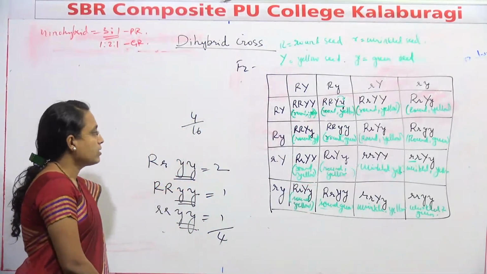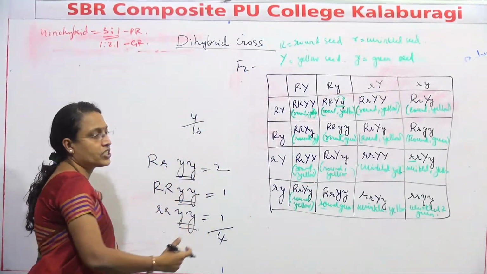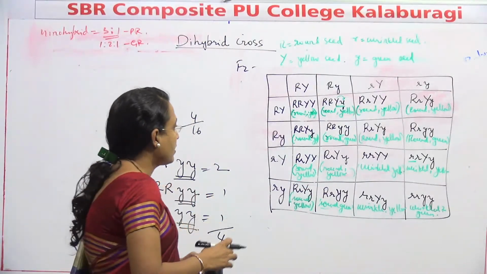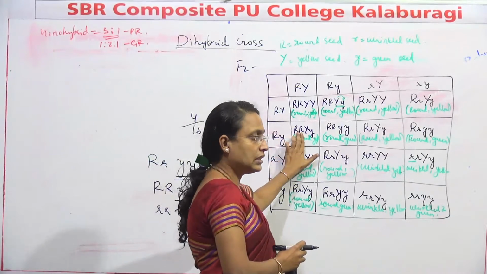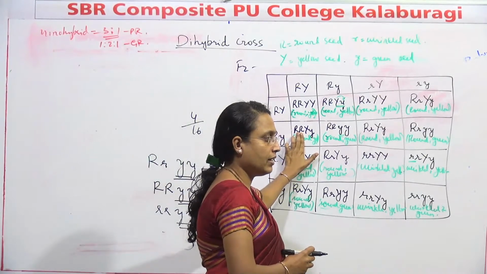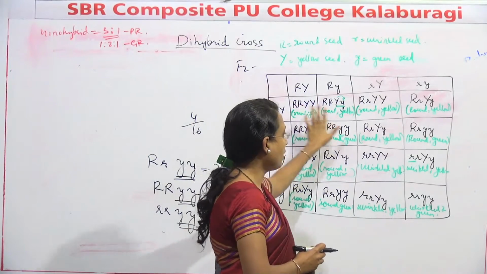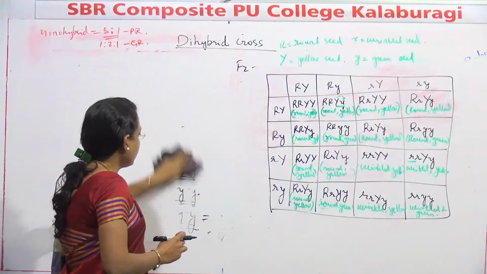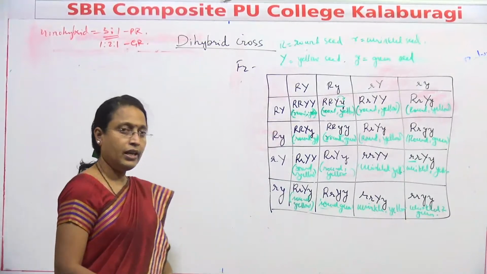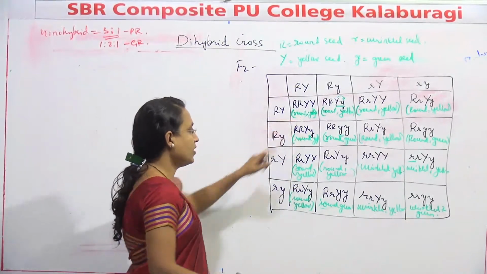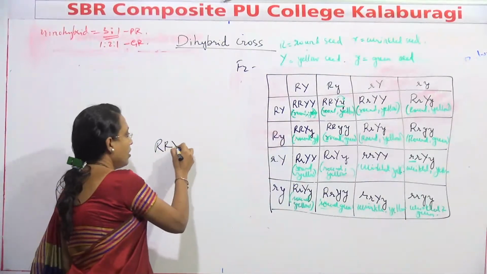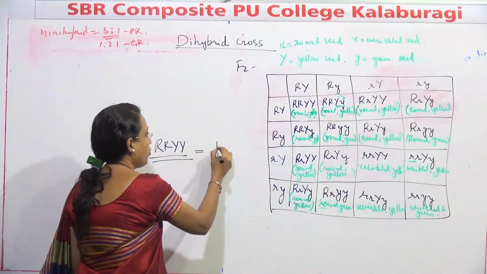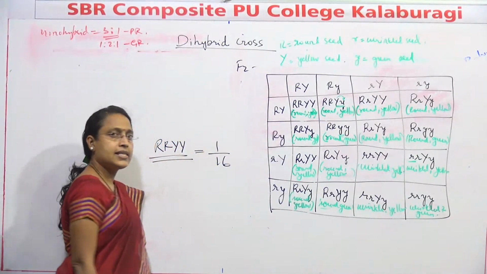Okay. So like this, any of the combinations can be asked in a multiple choice question. They can ask where both of the seed shape alleles are dominant, that is, a double dominant state. All the alleles are dominant in only one genotype, that is RRYY. Here all the alleles are in dominant state, so its proportion becomes 1 out of 16.